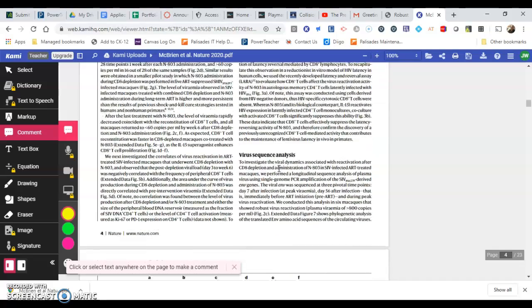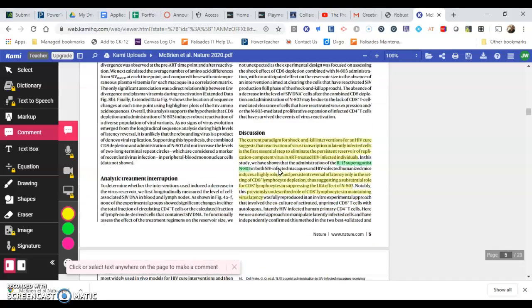So then I go back to the end and I find out again that this therapy was really effective, right? And this IL-15 superagonist N803, that's describing the molecule that they used, right? The treatment. And so then what it did was this.